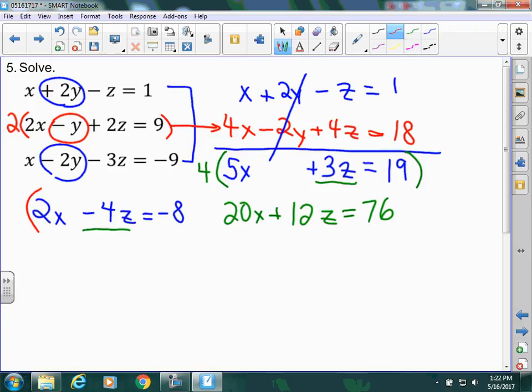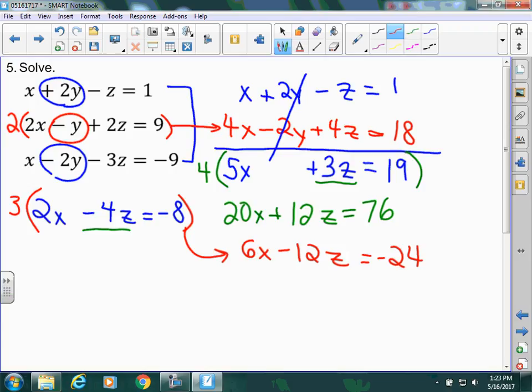To get the 12z here, I'm going to multiply everything by 3, and I'm going to write the answer down here. So 3 times 2x is 6x. 3 times minus 4 is minus 12z. And 3 times minus 8 is minus 24. Okay?